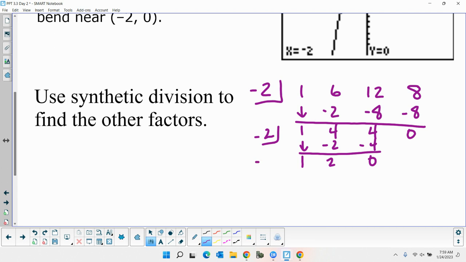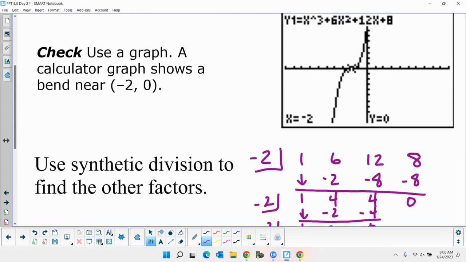So we're checking that 3rd time too, just to make sure we're right. -2 times 1 is -2. And it does work 3 times. So we would say, since it bends, this works 3 times, or has a multiplicity of 3.